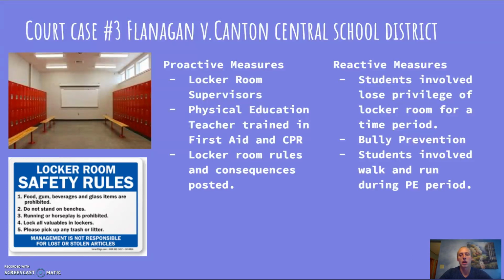many problems. Reactive measures. Students involved in that attack against the students should lose privilege of the locker room for a time period, and I would have them take bully prevention classes, and if they're not expelled, if they were still in the school, I would make them walk every single day until I realized that they were sorry, because they're still getting that physical activity and they're still listening to lectures and stuff.